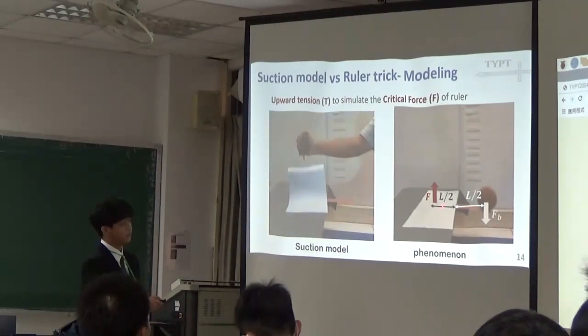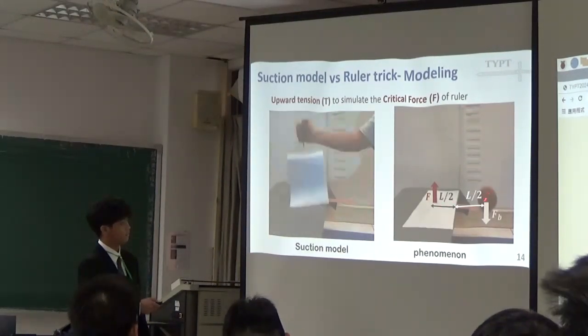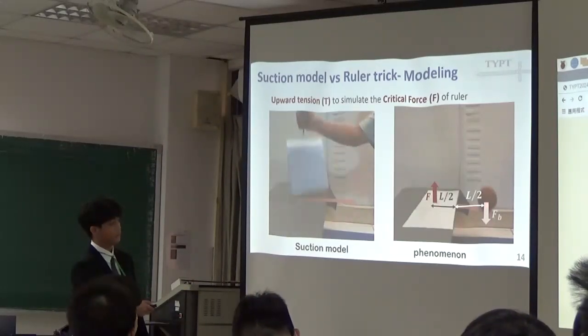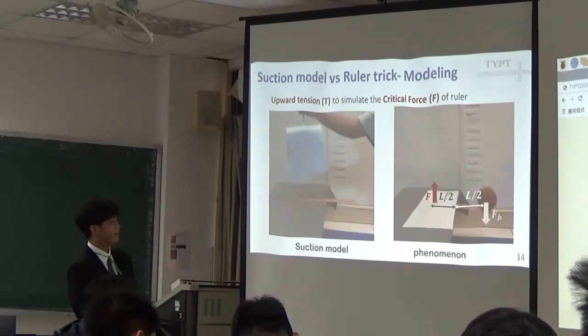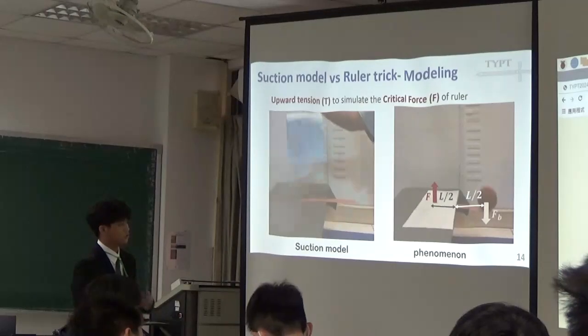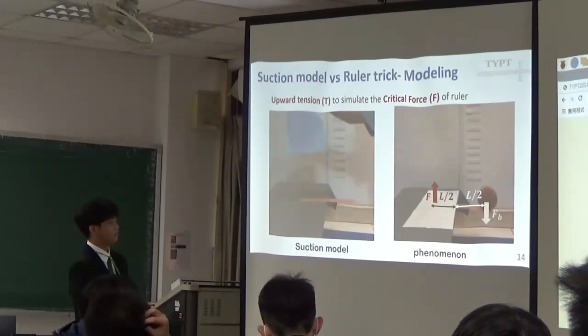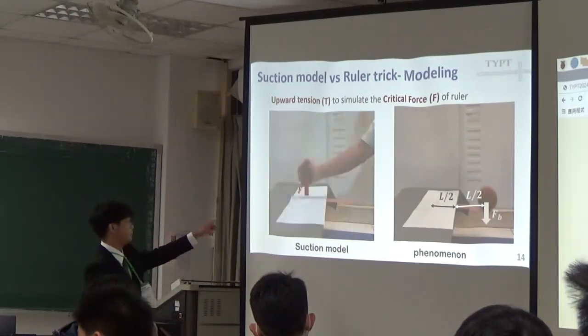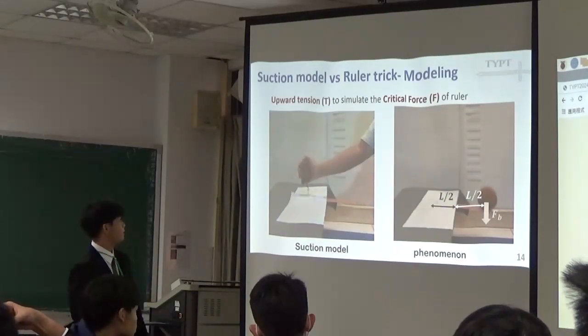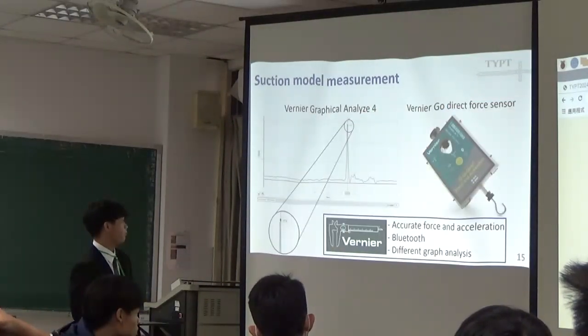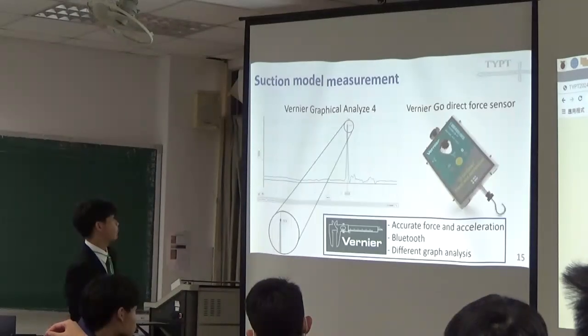So theoretically, the force of the ball will be equal to the force right here. Because it is hard for us to measure the force right here, we use the suction model to simulate this phenomenon. So the critical force will basically equal the upward tension.